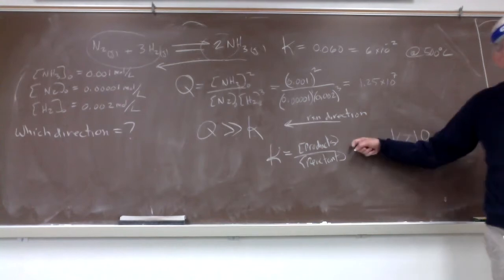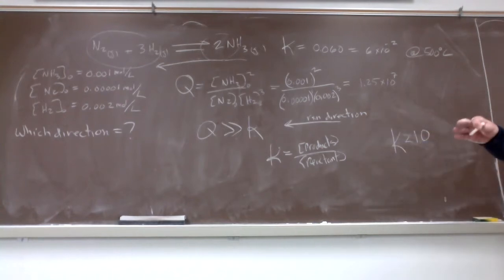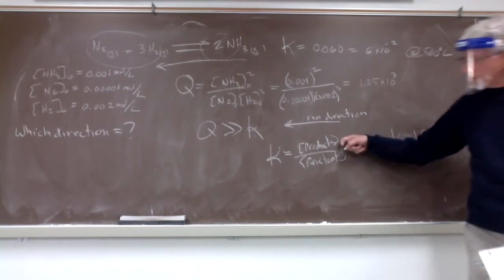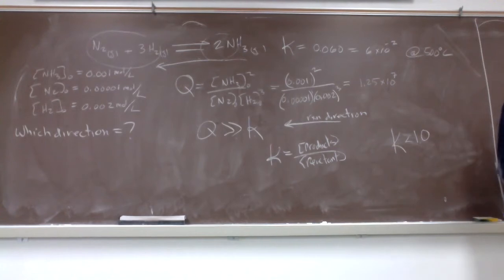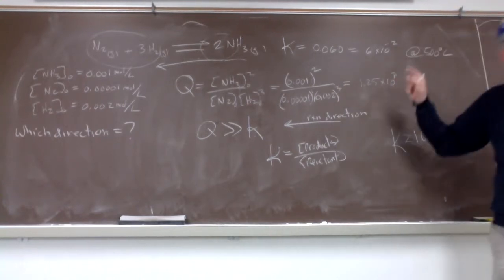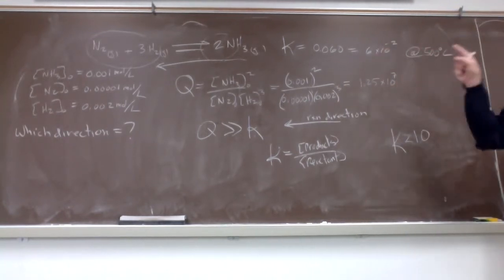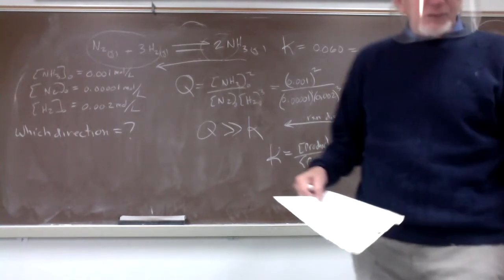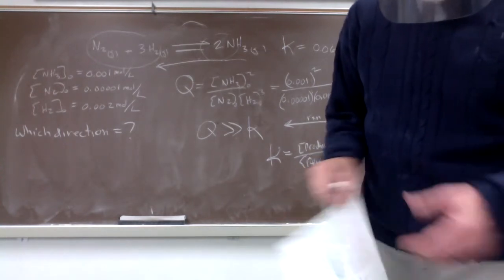And if it's greater than 1, that means we have more product than reactant. If it's less than 1, then at equilibrium, we're going to have more reactant. So that's this guy, the equilibrium would lie towards the left, right? Lie towards reactant, meaning reactants dominate in terms of the amount present.